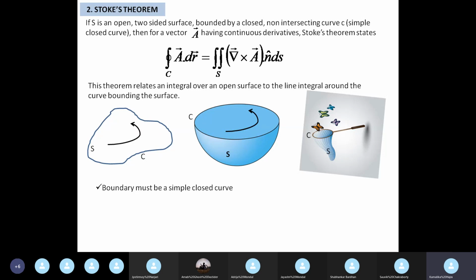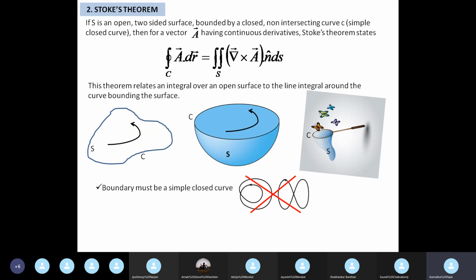Just two things need to be satisfied in order that Stoke's theorem may be applied. One is that the boundary must be a simple closed curve. Now, what do I mean by a simple closed curve? A simple closed curve means that the boundary does not intersect itself at any point, so that such closed curves are applicable.